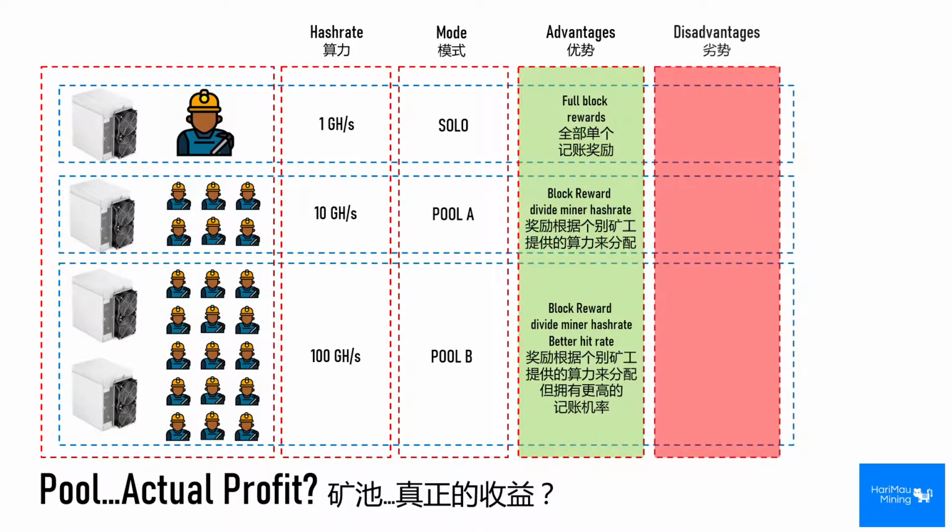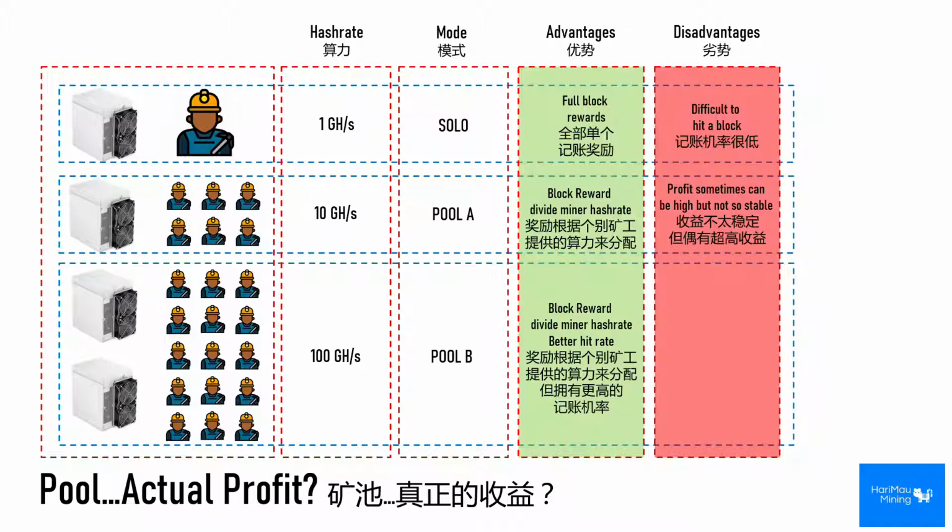Let's talk about the disadvantages. Because the hash rate for solo is much lower, he is going to have difficulty hitting the block. For pool A, the hit rate is higher than solo, but it's definitely not so stable compared to pool B. So for pool A, the profit sometimes can be higher, sometimes it will not, but definitely better than solo because you are grouping, so the hit rate is higher.